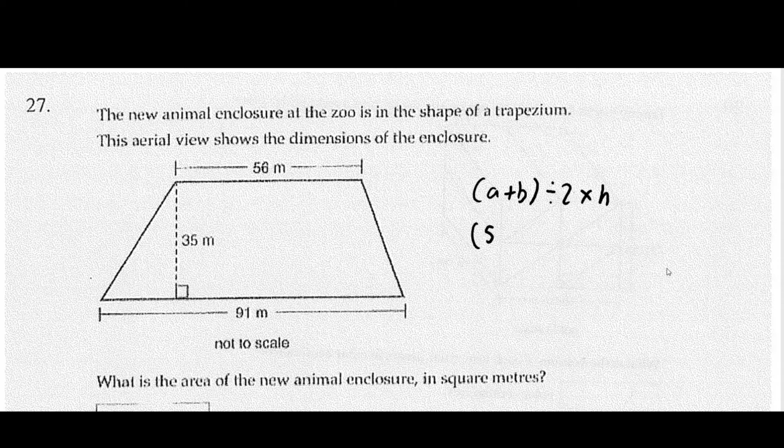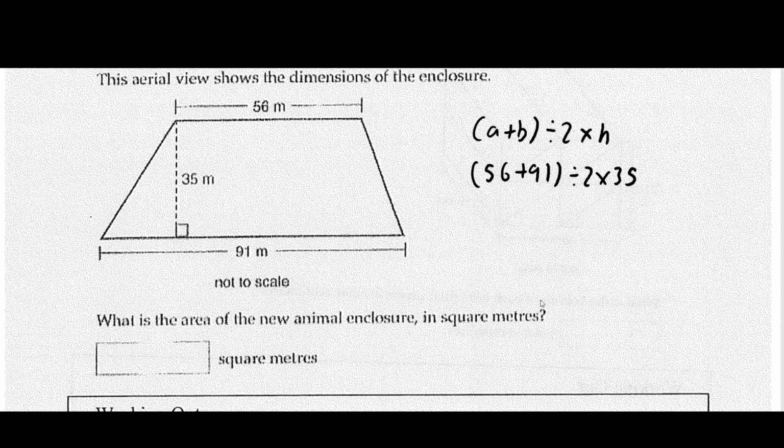So we've got 56 plus 91, divided by 2, times 35. We can type that straight into our calculator, not forgetting the brackets, which gives 2,572.5 square meters.